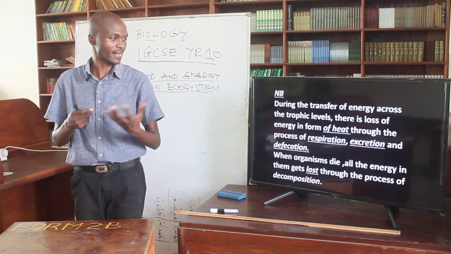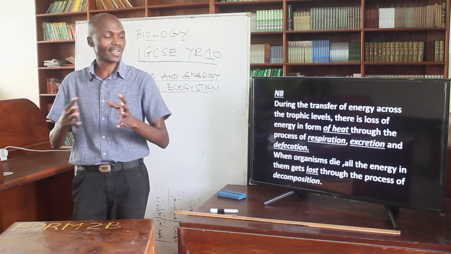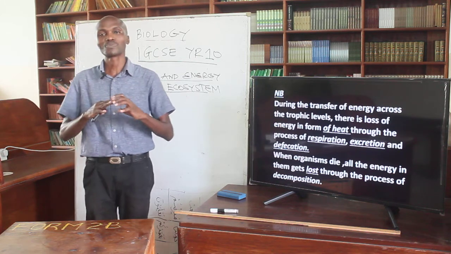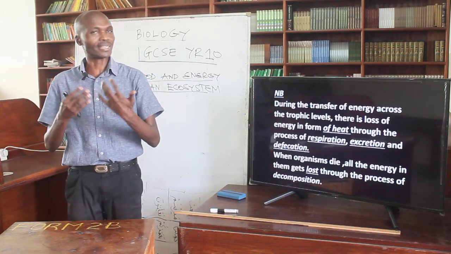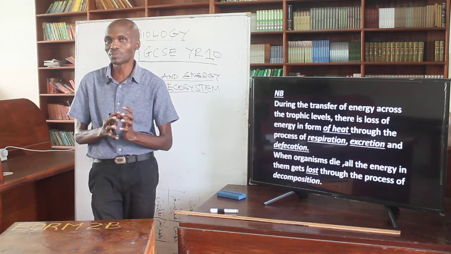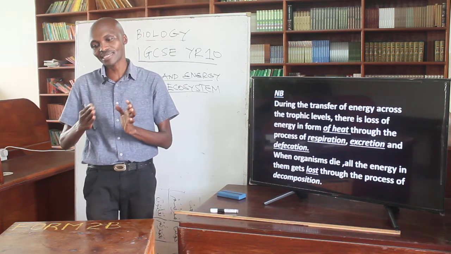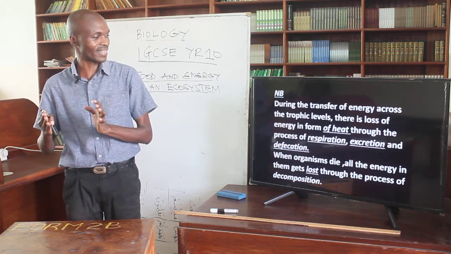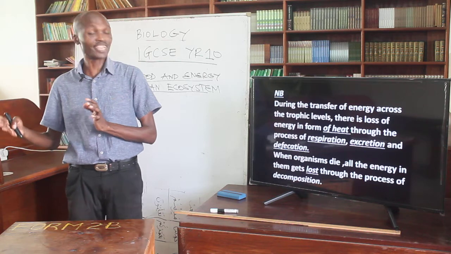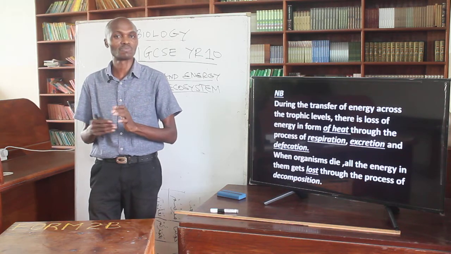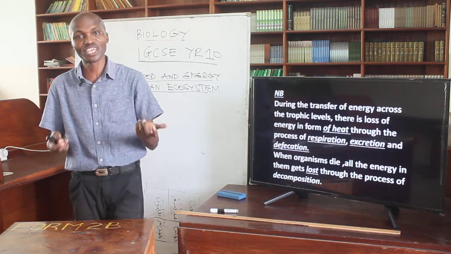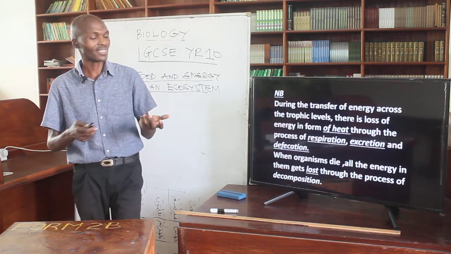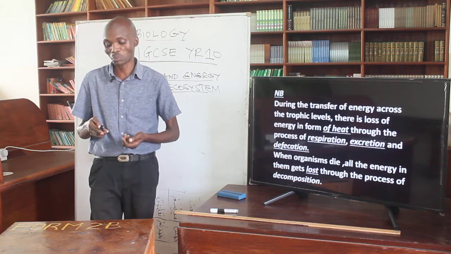All these three main ways account for a large proportion of the energy that is lost, if you compare the initial amount of energy obtained from the sunlight to the amount of energy present at any given trophic level. When organisms die, unfortunately, all the energy in them gets lost in the process of decomposition.